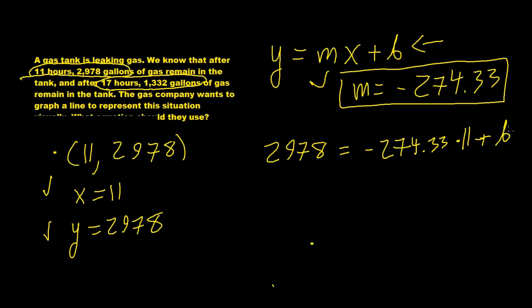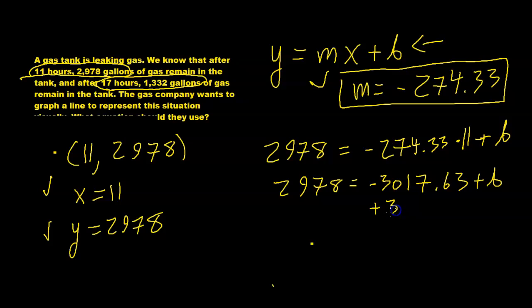Well, that's going to give us 2,978 equals negative 3,017.63, since 274.33 times 11 is negative 3,017.63, and then that's still plus b. What do we do to solve for b?